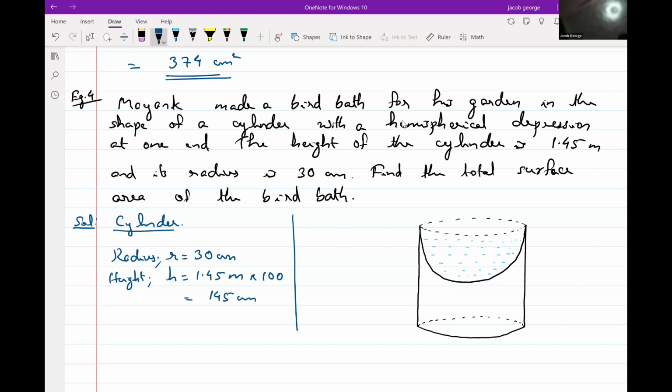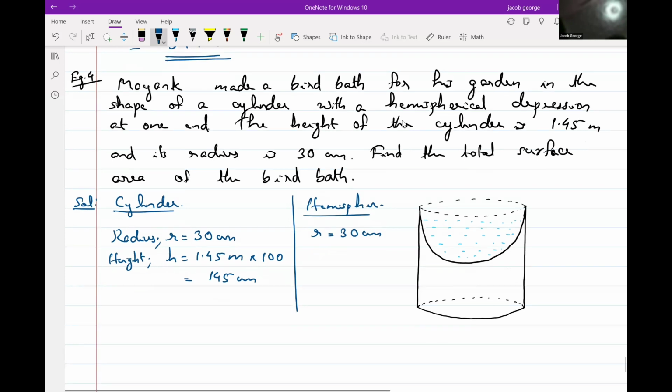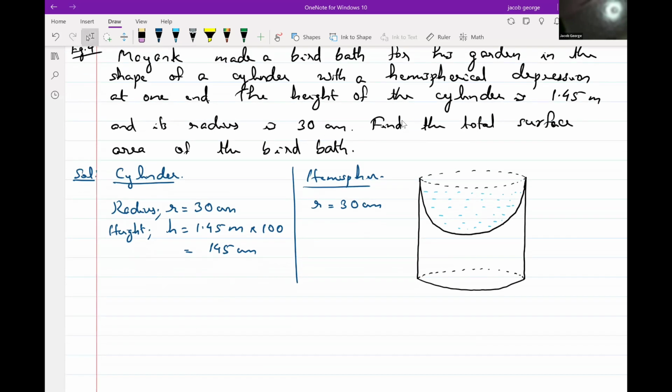Now for the hemisphere, radius R is 30 centimeters. Radius R is 30 centimeters for the hemisphere.